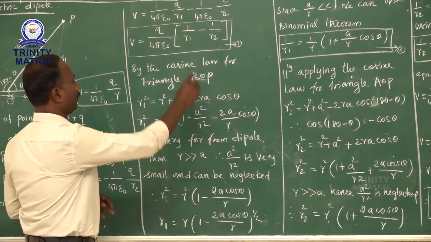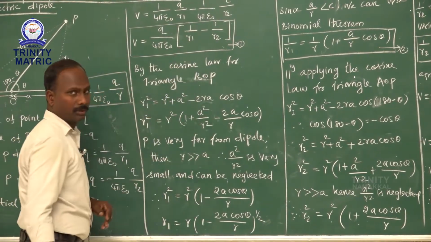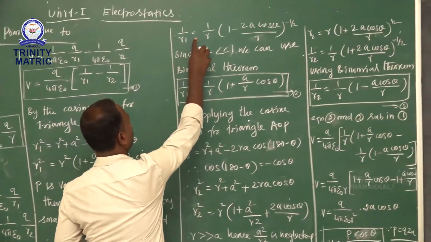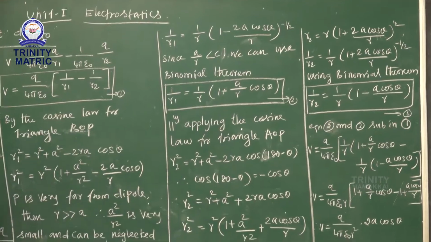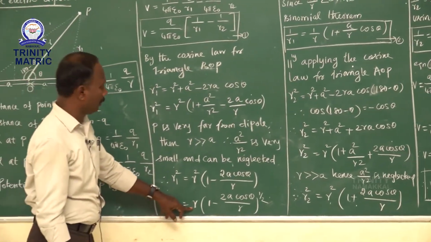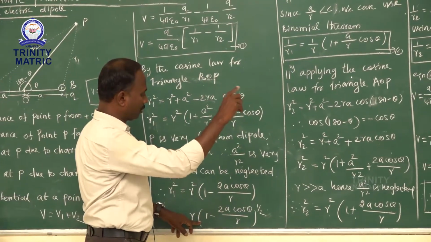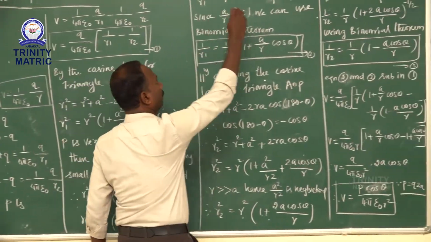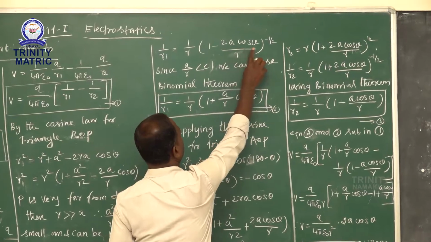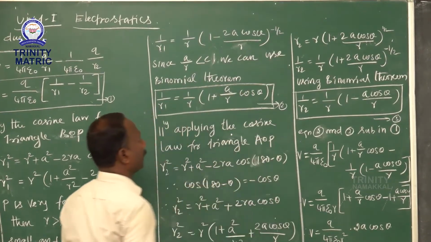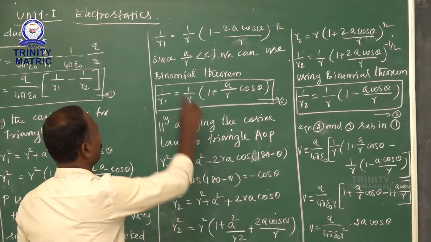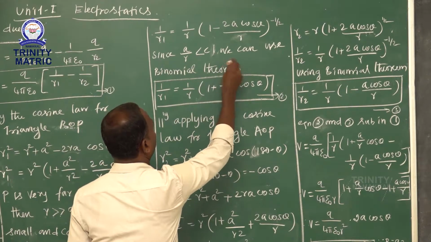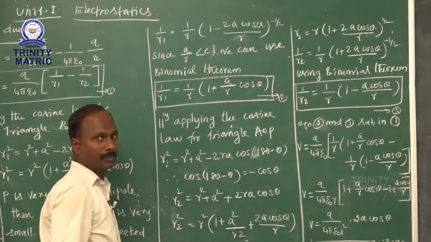Because we want the formula for 1 by R1, it can be changed. 1 by R1 is equal to 1 by R times 1 minus 2a cos theta by R whole power 1 by 2, so it comes back as 1 minus 2a cos theta by R whole power minus 1 by 2. Since a by R is always less than 1, we can use the binomial theorem.